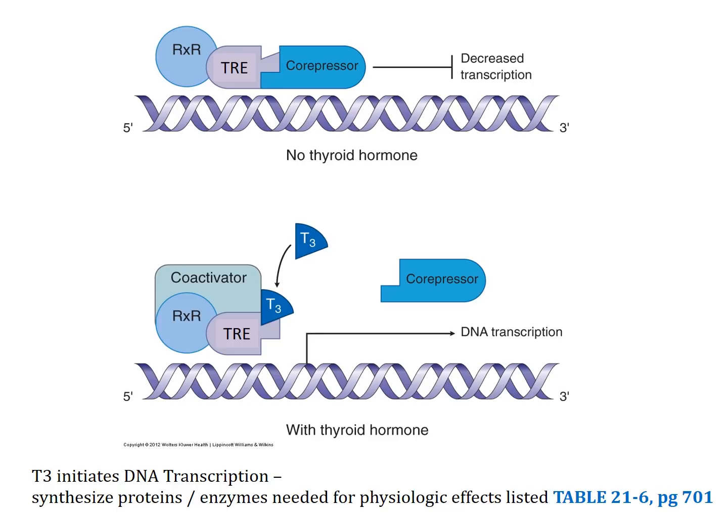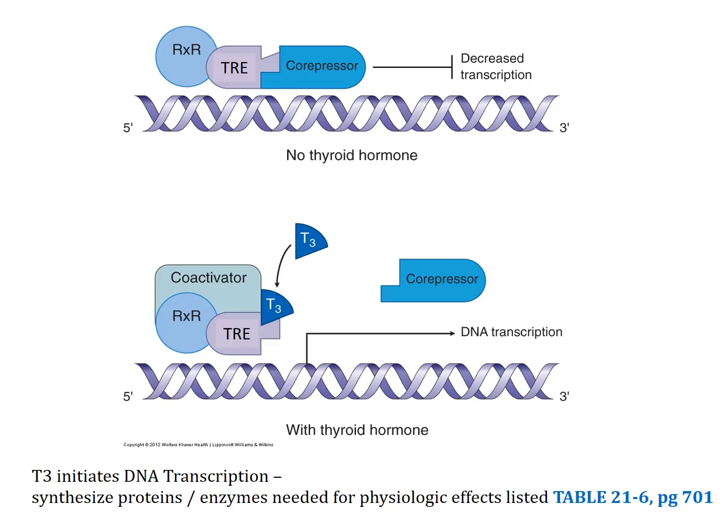This is just a quick graphic showing you T3's ability to bind to DNA. T3 doesn't directly bind onto DNA. T3 binds onto this protein referred to as TRE, the thyroid response element. When T3 binds that thyroid response element, it starts activating genes.